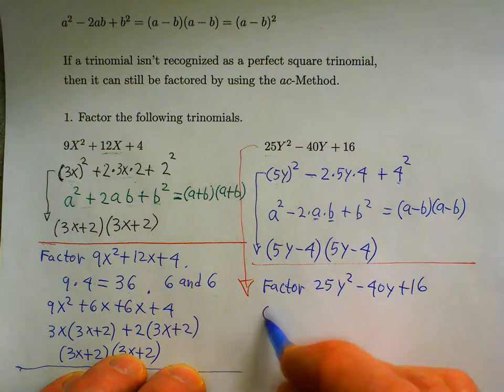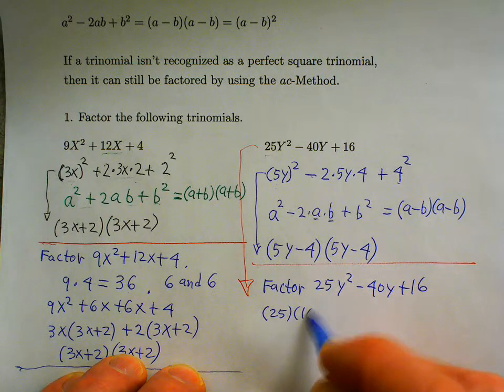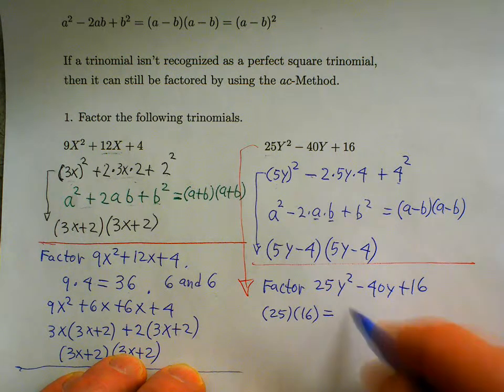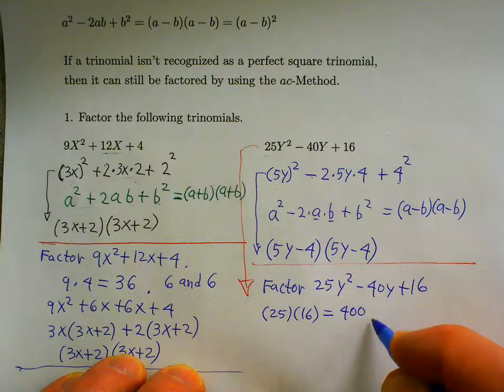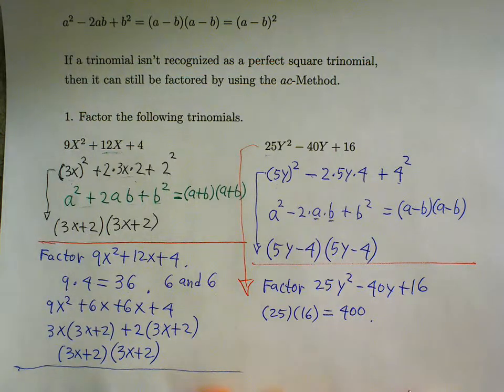So we multiply 25 times 16, and we get 400. Two integers that have a product of 400 and add up to negative 40. So what are they? What are the two integers that have a product of positive 400 and a sum of negative 40?